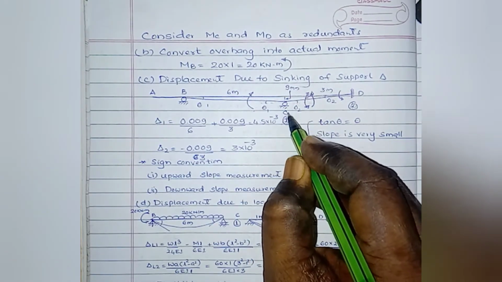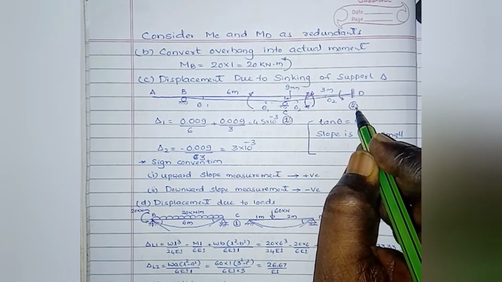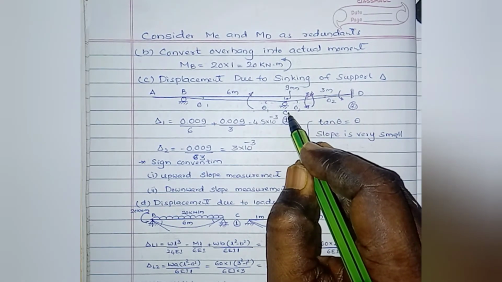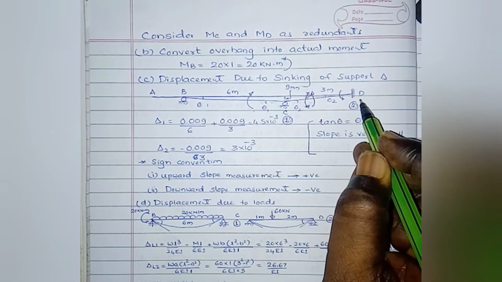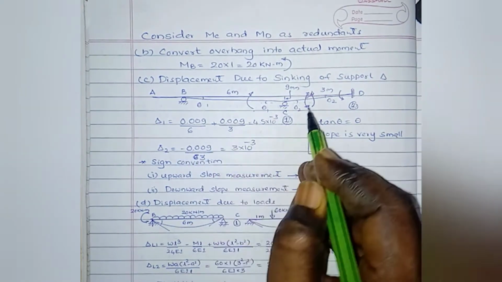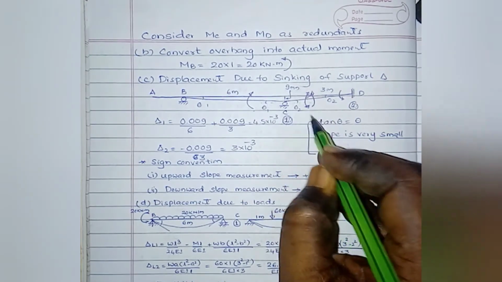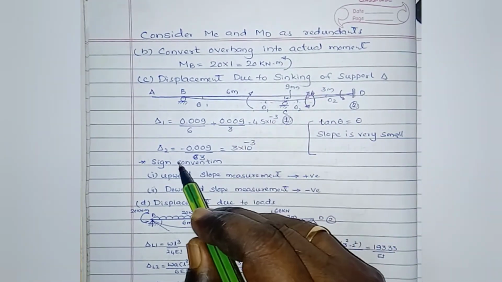Here we have given the coordinate name as 1, this one as coordinate 2, or at C, this one is C. Here we have considered MC as one of the redundant, MD as one of the redundant. The first redundant, that is delta 1, is both the directions are upward slope measurement, hence both are positive.